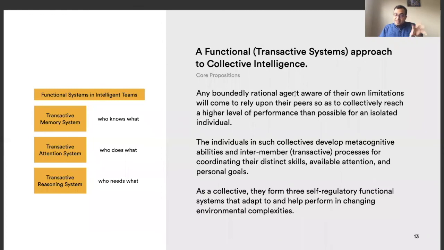Individuals in such a collective will develop metacognitive abilities that allow them to figure out and coordinate their limited resources of memory, attention, as well as fulfilling their subjective needs. The collective that is behaving intelligently and coordinating these three things will exhibit the features of having three self-regulatory functional systems, which allows for adaptive change.